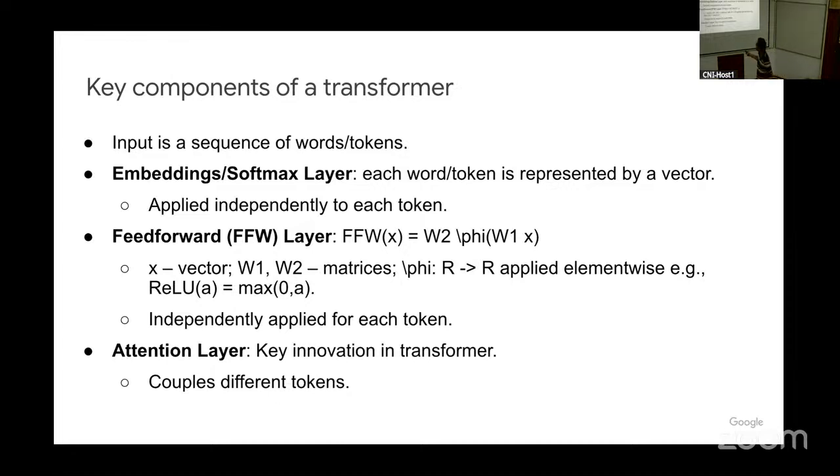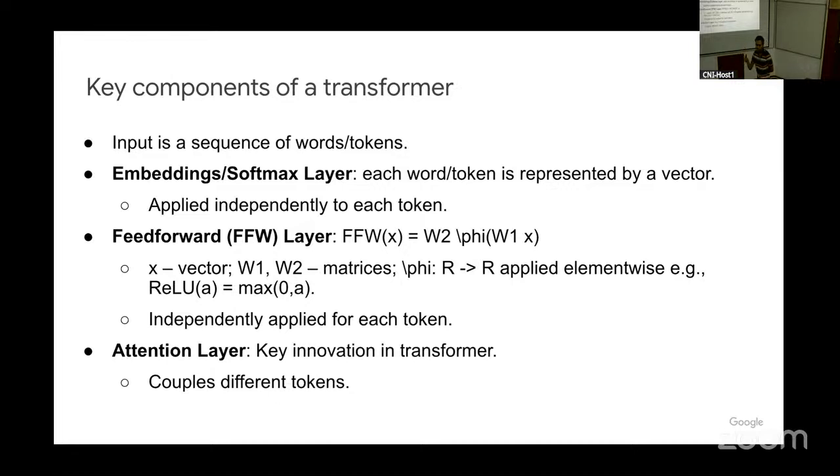And there are three important components of a transformer. The first one is the embedding or softmax layer. At the input, the embedding takes a word or a token, which is a discrete ID. We have an entire dictionary of all possible words, and for each word we give a particular ID. So word number 1 is a, word number 2 is the, and so on.